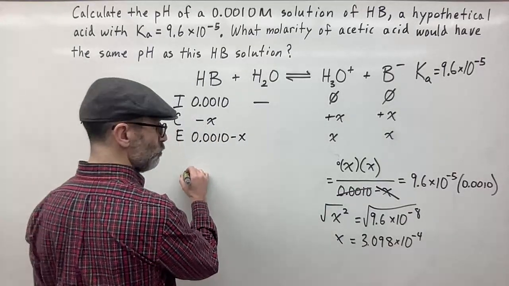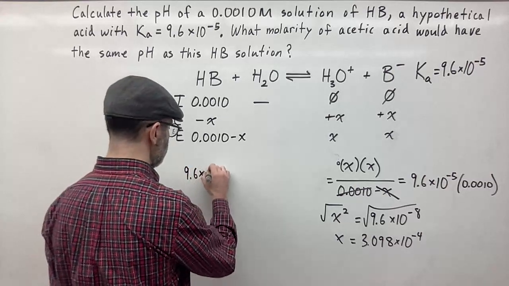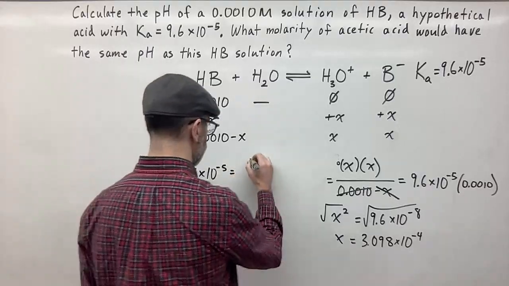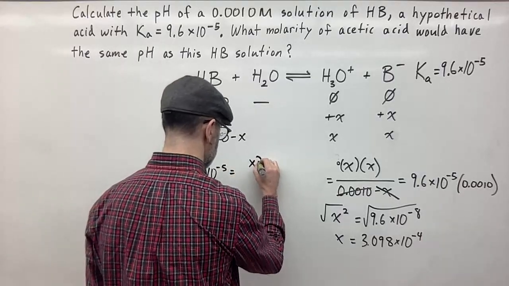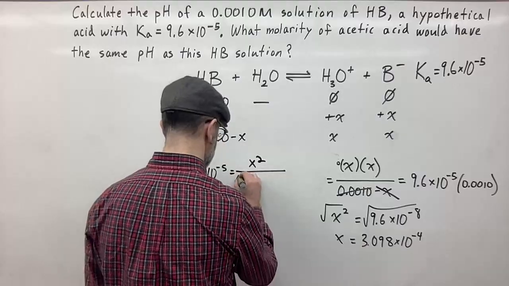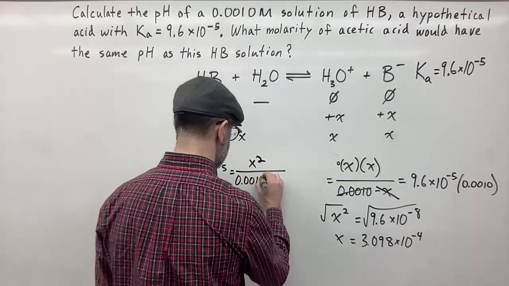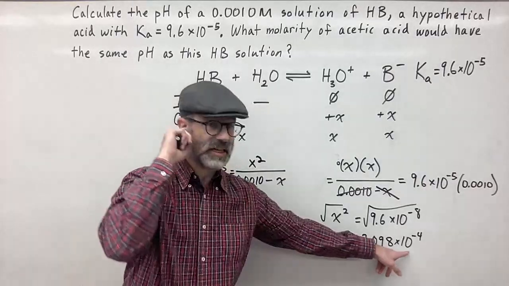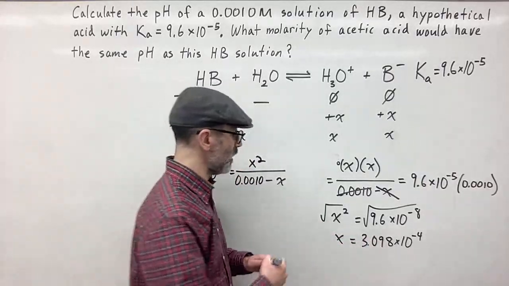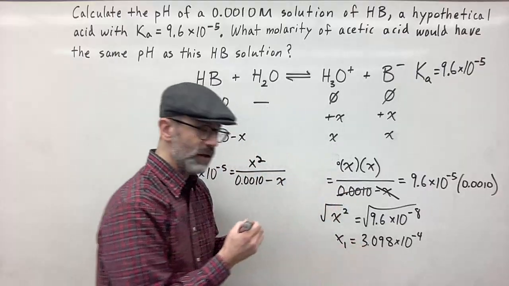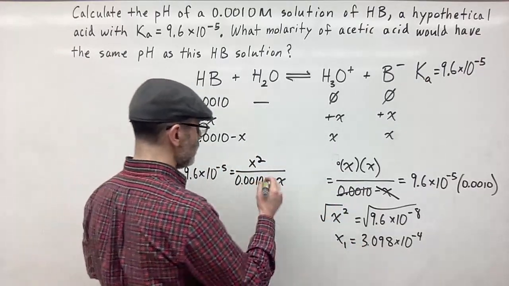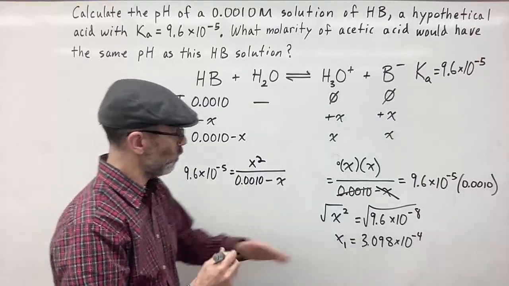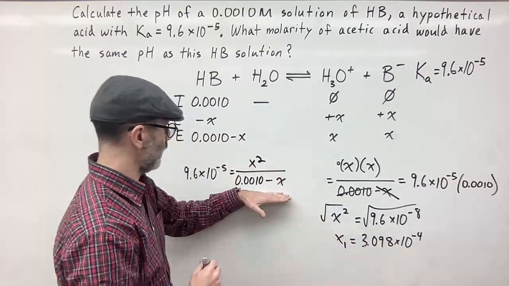We're going to use 9.6 times 10 to the -5 equal to x squared over 0.0010 minus x. All we're going to do is take this x value that we just got. This will be considered x sub 1, and then this is going to be x sub 2, the next iteration. So we're going to take this value and plug it in here.